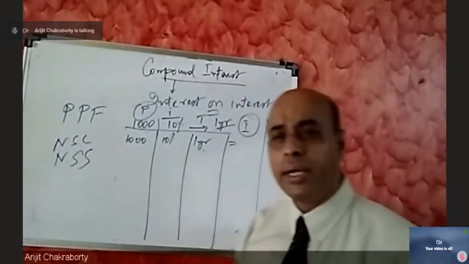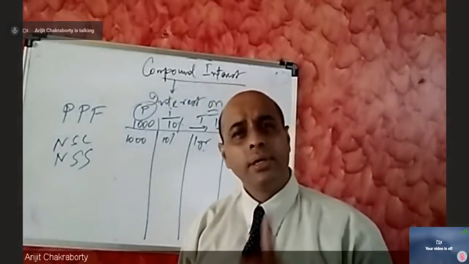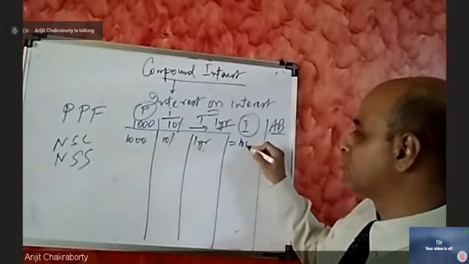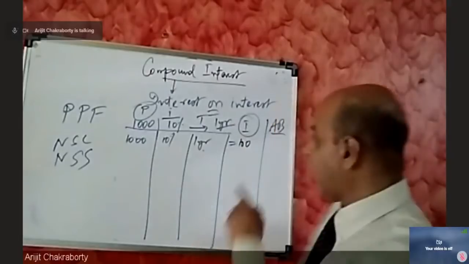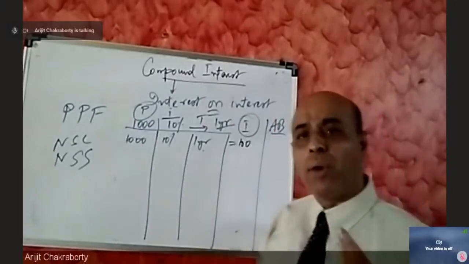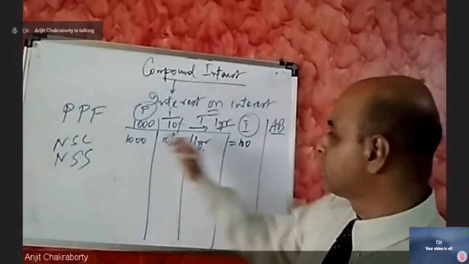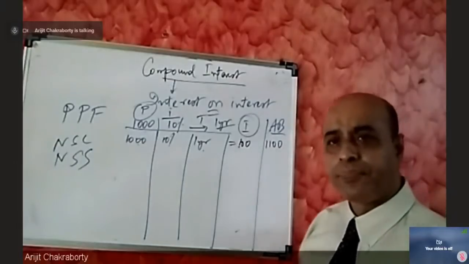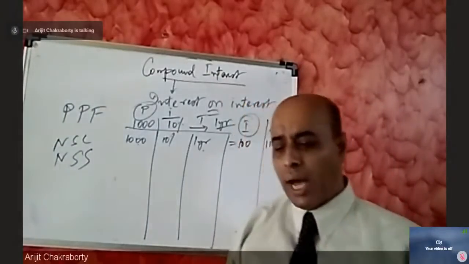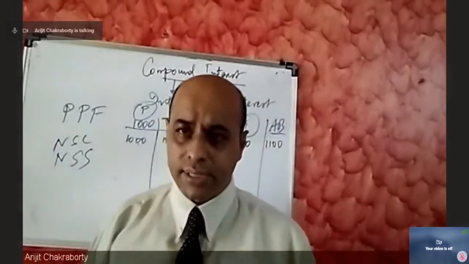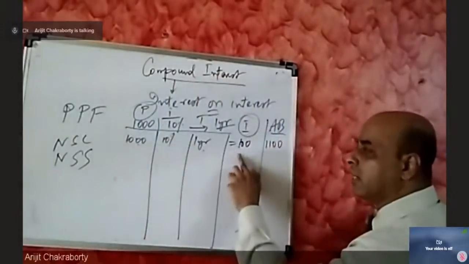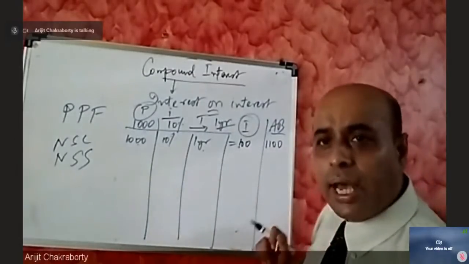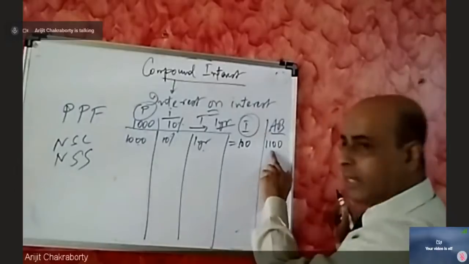So at the end of 1 year, what is the interest I will earn? It is 10% into 1 into 1000, that is 100 rupees. So my accumulated balance at the end of 1 year becomes 1000 plus 100, that is 1100.